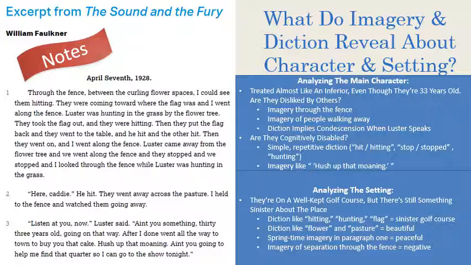So we've got word choices like hitting and hunting and flag. Hitting and hunting, those are both words associated with violence, right? Violence and death and blood, but they're also associated with golf, right? So you use your clubs to hit. If you hit the ball into the longer grass or into the forest or into the sand trap, then you have to hunt for it, right?